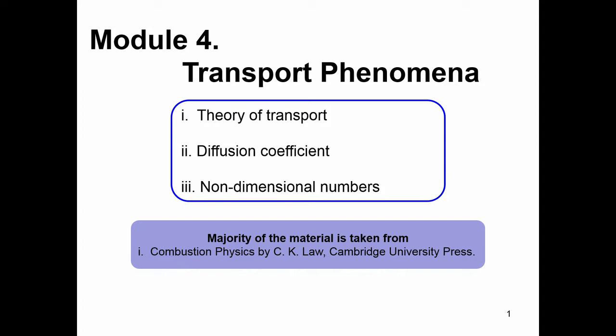Then we will find some useful non-dimensional numbers that will utilize these diffusion or transport coefficients. You will see that these non-dimensional parameters will be useful in understanding the different kinds of governing equations and the flow systems that we encounter inside a practical combustor.